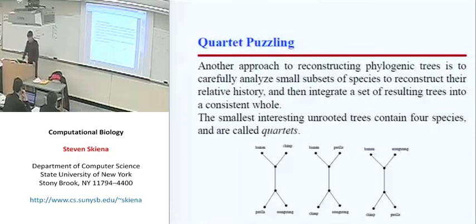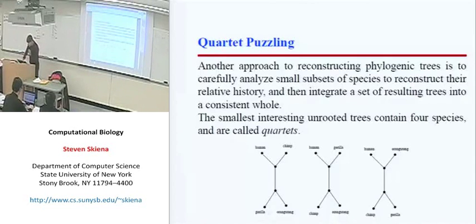Maybe building the whole tree of life, where they have 100 species, is too much, you can't think about 100 species. But maybe you could look at a small set of species and build a tree on just this small set, and then combine these trees together to get a bigger tree.